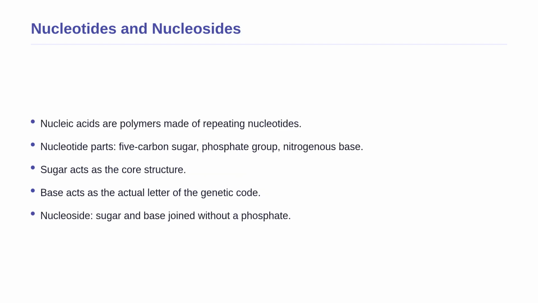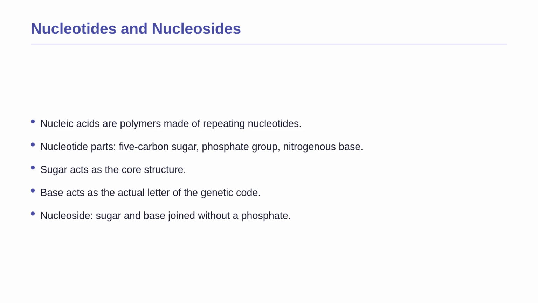Now that we understand the purpose of nucleic acids, let us look at their formal chemical definition. Nucleic acids are large, complex biomacromolecules. They are polymers, meaning they are long chains made up of repeating smaller units, called nucleotides. You can think of nucleotides as the individual links in a long chain.